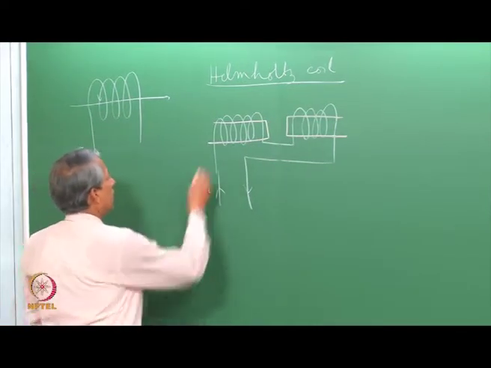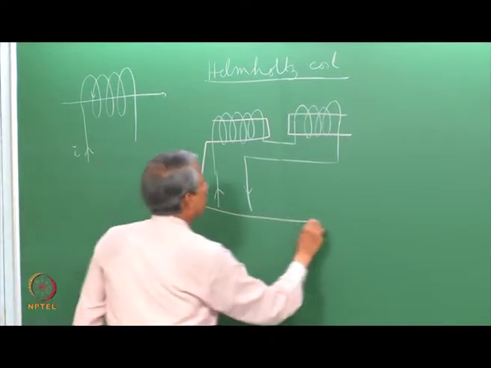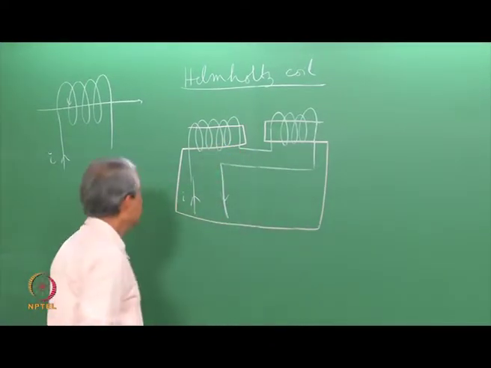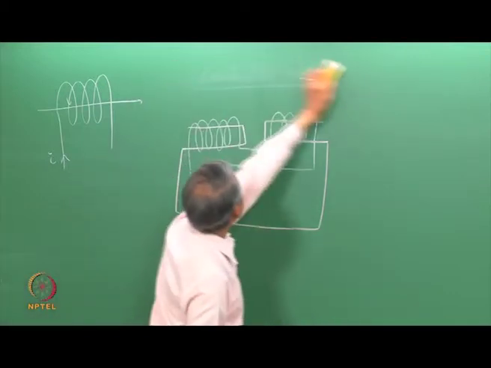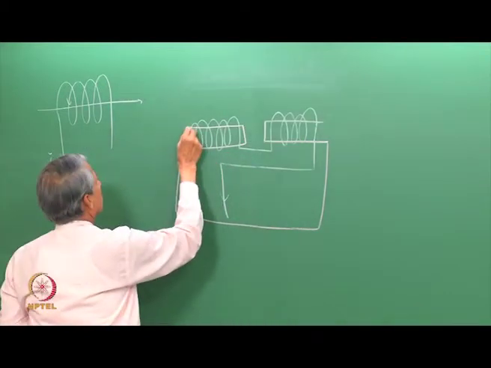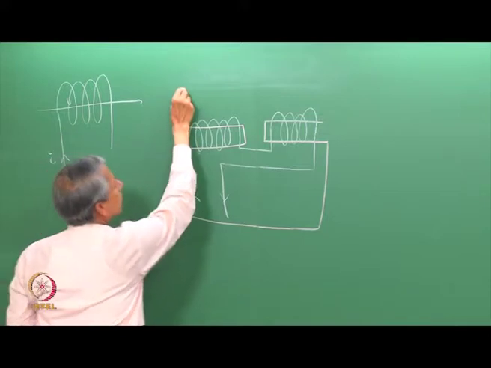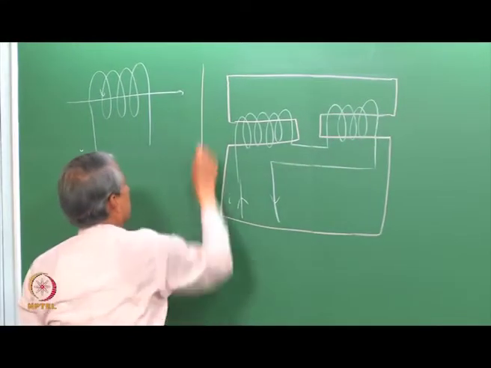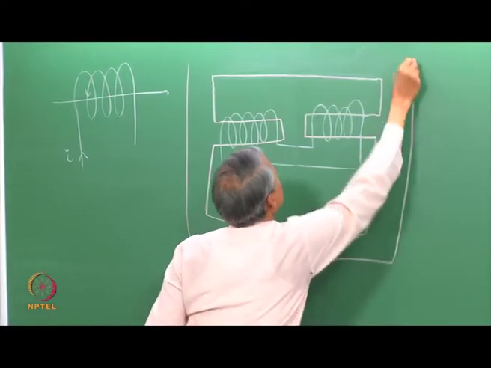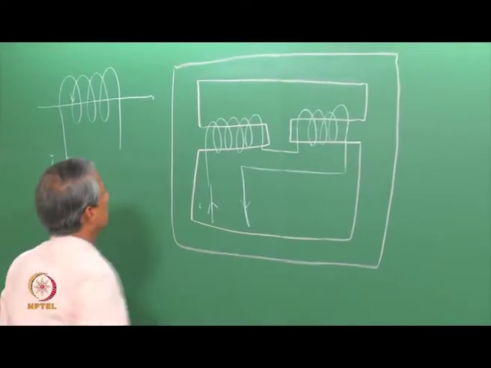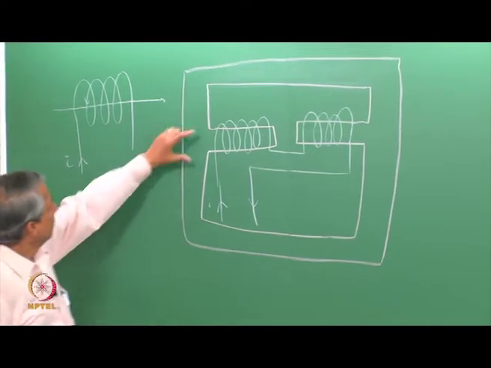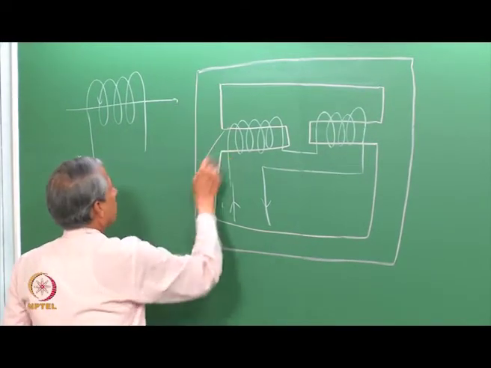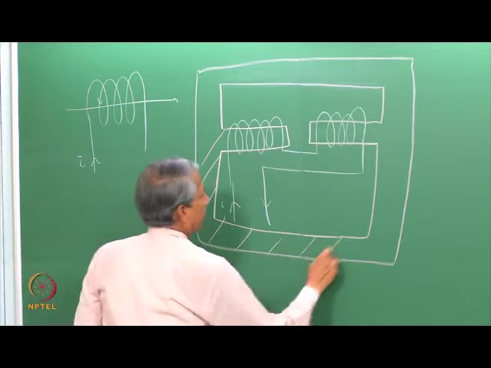To complete the magnetic field lines, we need a yoke. So, the double yoke arrangement is used. This is all made up of soft iron.